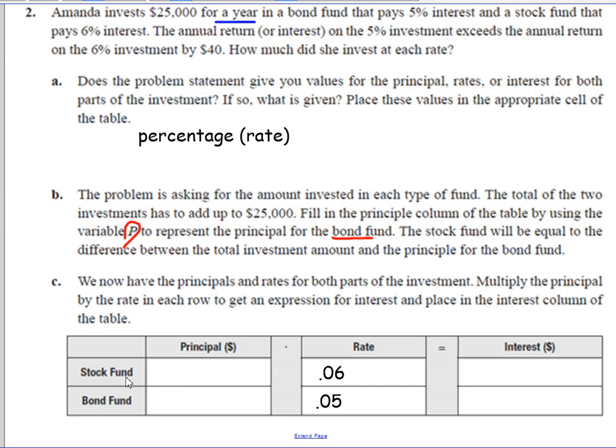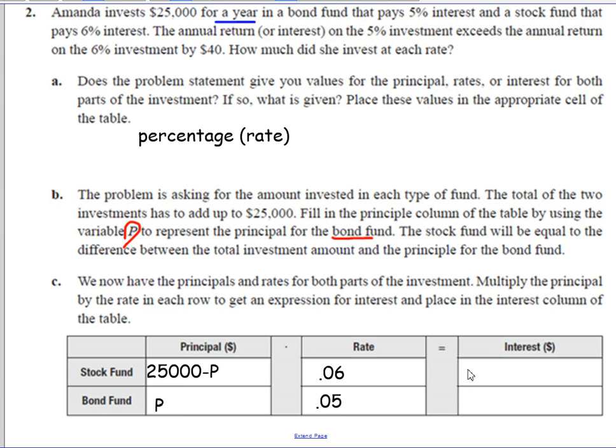And so again, that means that here we're going to have P. So the stock fund then has to be the total, which was $25,000 minus whatever we put in the bond fund.